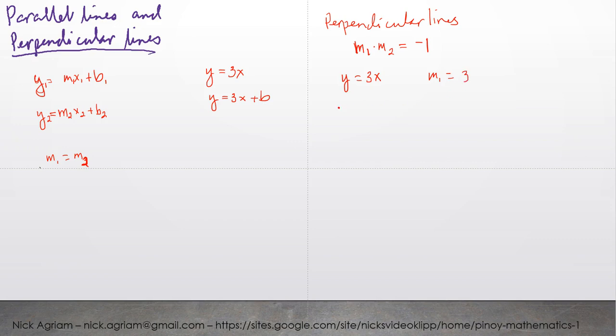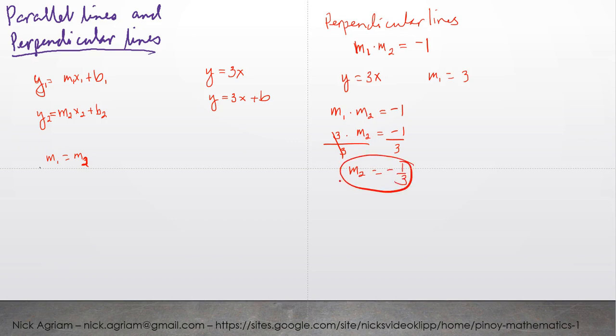Then if I want to find m sub 2, the product is equal to negative 1. So this is 3 multiplied by m sub 2 is equal to negative 1. Dividing both sides of the equation by 3, then we have m sub 2 is equal to negative 1/3.